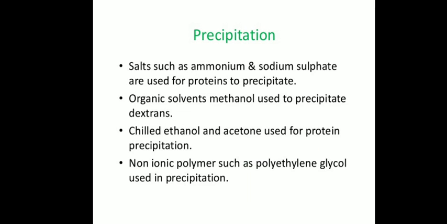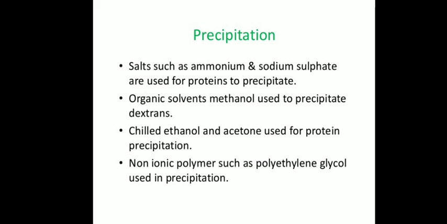Now, different types of salts such as ammonium and sodium sulfate are used for the precipitation of proteins. Here, examples of different chemicals or substances responsible for precipitation are given. For the precipitation of proteins, ammonium or sodium sulfate is used.